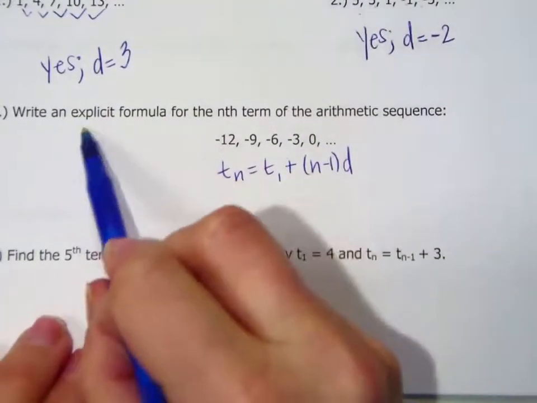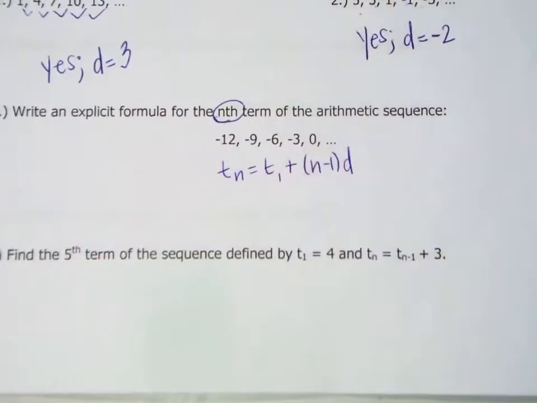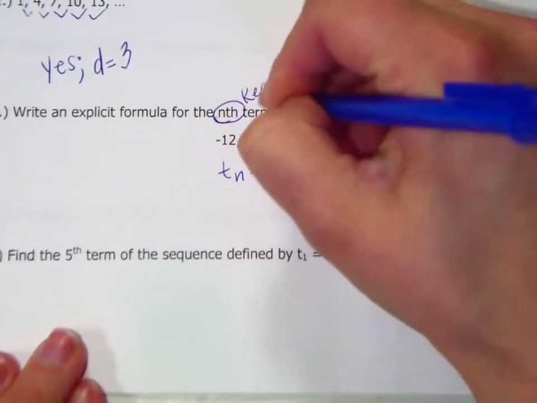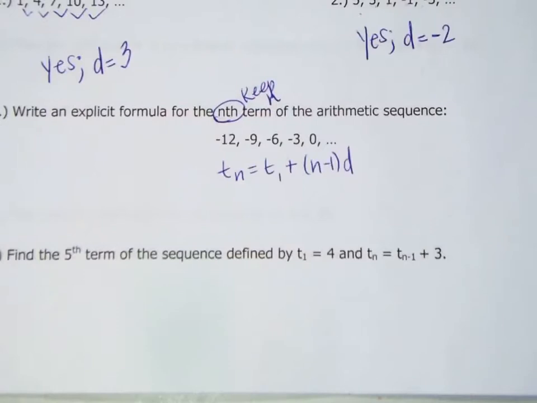It says write an explicit formula for the nth term. What that means is we are going to keep n in the formula. We want a general formula that will apply to any number in our sequence.